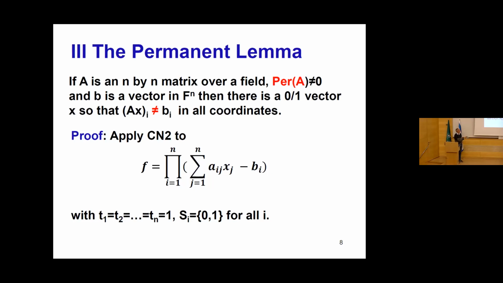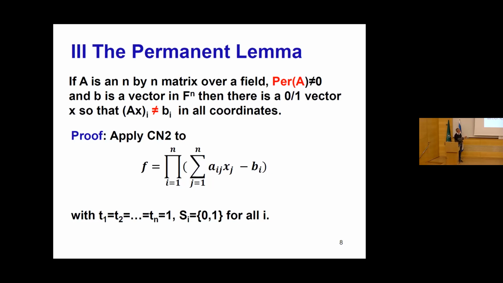So we replaced the determinant by the permanent, we replaced equality by inequality, where inequality is understood as not being equal in each and every coordinate, and we insist that the solution is a binary solution. Okay? And again, the proof is just two or three lines.